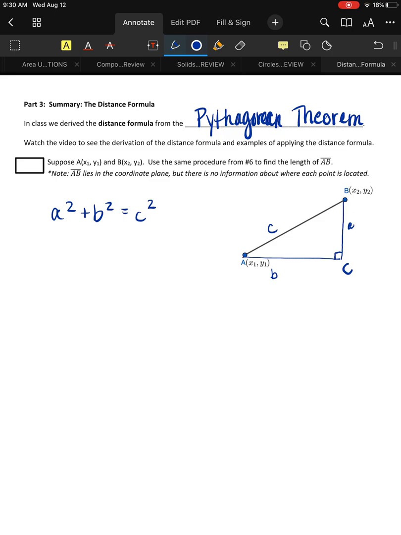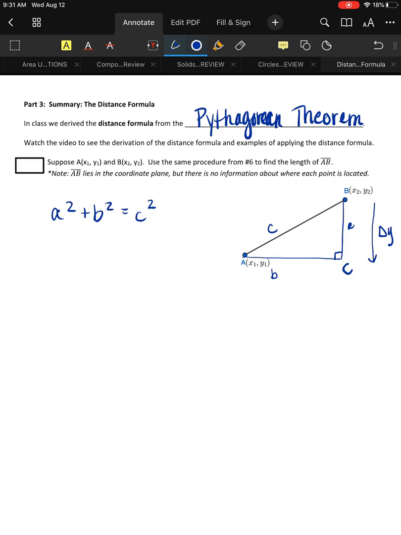So what we want to do is change a, b, and c into expressions, and then we're going to solve for c. So remember in our prerequisite video for this segment A that we're really talking about a change in y here.